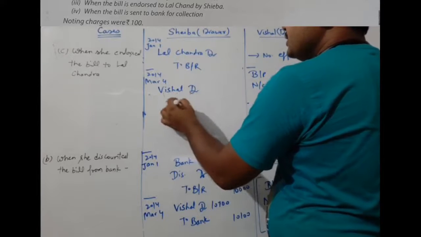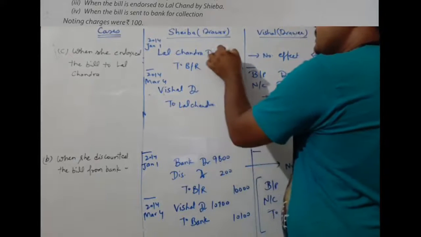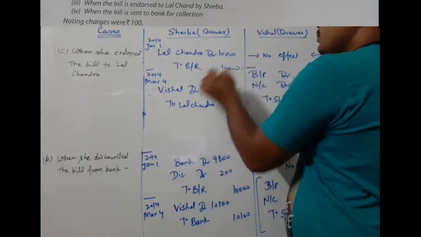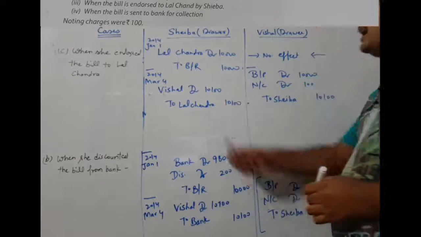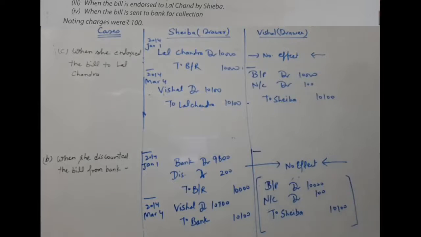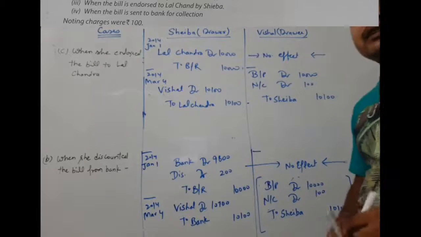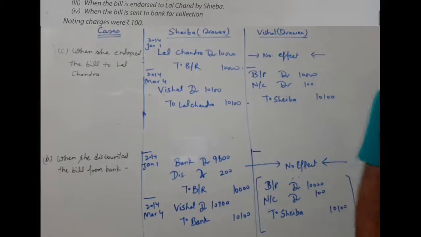That is Lalchand. यहाँ बिल मैंने उसको दिया था 10,000 का, but he recovered 10,100 from Vishal, and Lalchand recovered from Saiba that 10,100. ये 100 rupees कहाँ से extra आ गया? The 100 rupees recovered is for the noting charges. So this is case number 3.